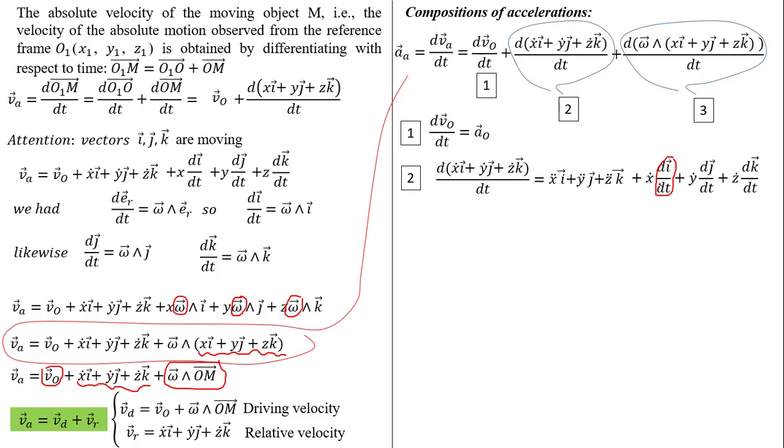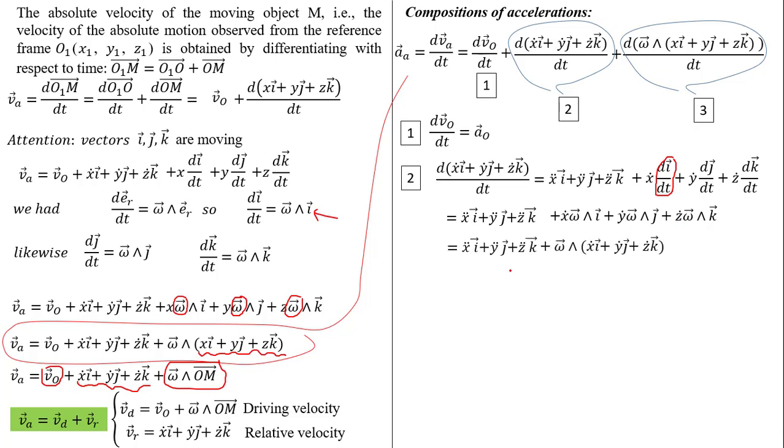Di over dt will be equal to omega cross I, and dj over dt will be equal to omega cross j, and dk over dt will be equal to omega cross k.